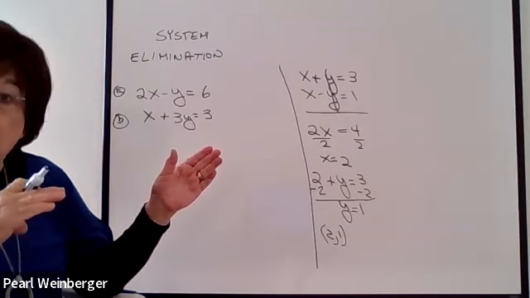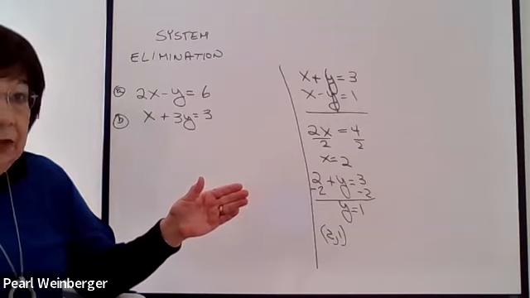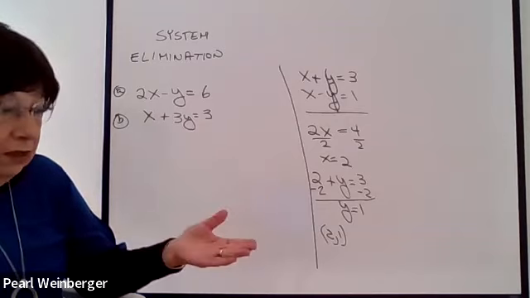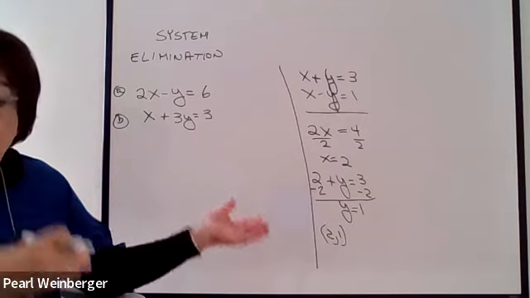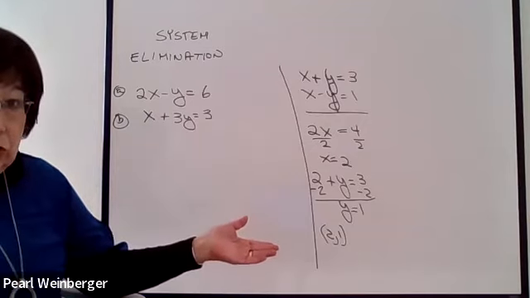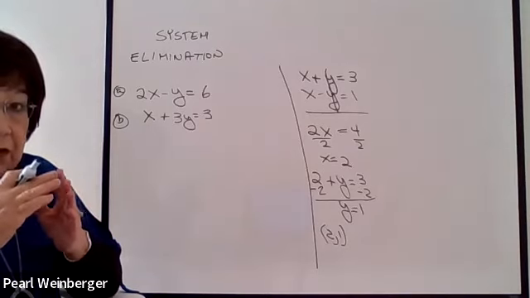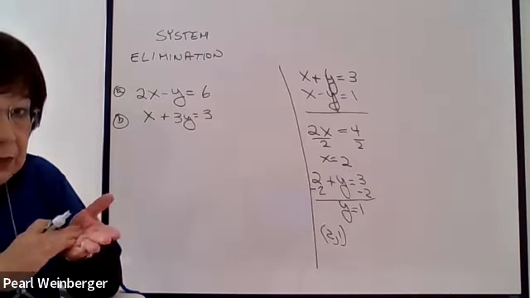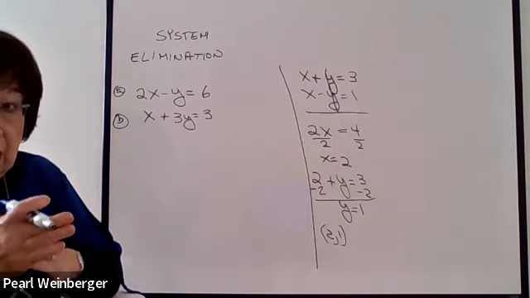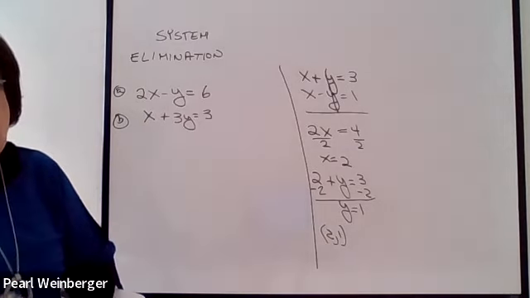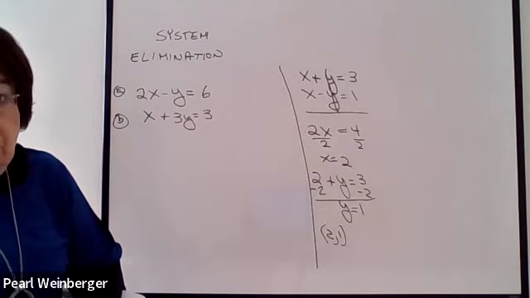In other words, if I add 6x plus negative 6x, that'll give me 0. If I add negative 2y plus 2y, that'll give me 0. As long as the coefficients are the same number, but one is positive and one is negative, then I'm going to be able to eliminate a variable.